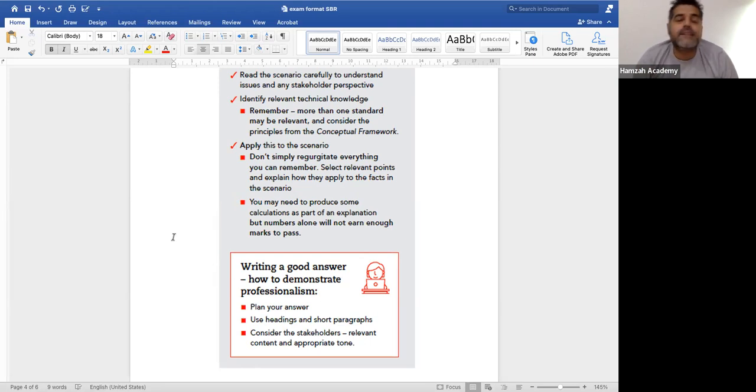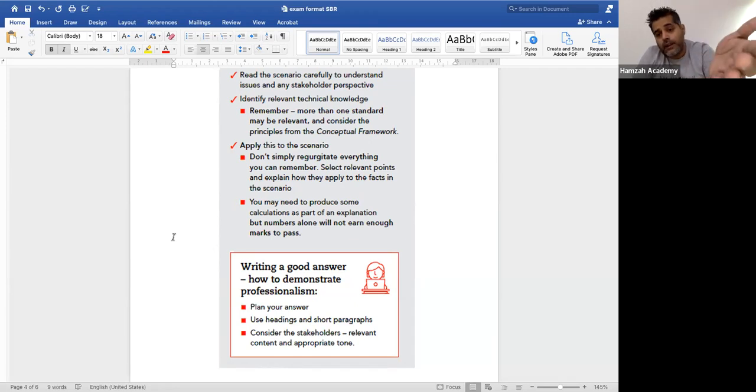The ACCA itself copies the IFAC code of ethics, simply copy-pasted. So while appearing for any paper and discussing ethics, we can easily write them down. And when we had those ethics, we also had a discussion about the safeguards from those threats as well.